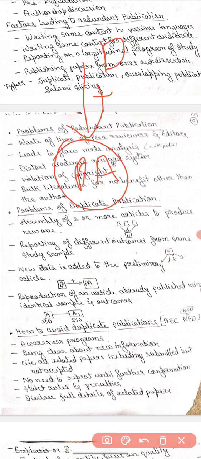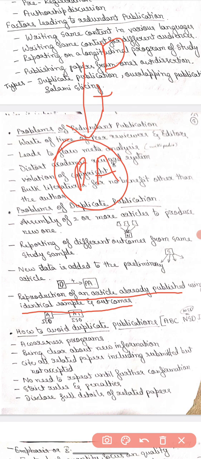Next, reproduction of an article already published using identical sample and outcomes. You can remember like this: A, A1.